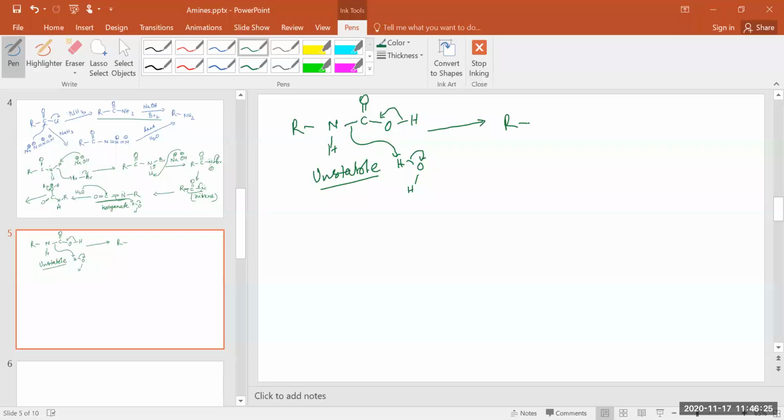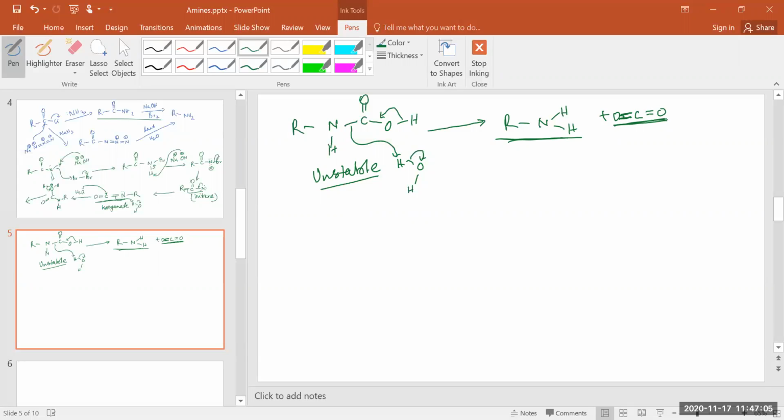So it will make a primary amine plus carbon dioxide gas. So here is the driving force for this reaction, the carbon dioxide gas formation. So this reaction is called the Hofmann bromamide reaction. This reaction makes an amine with one carbon less, that carbon is gone as carbon dioxide. So this is called the Hofmann bromamide reaction.